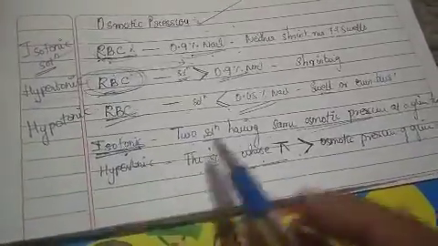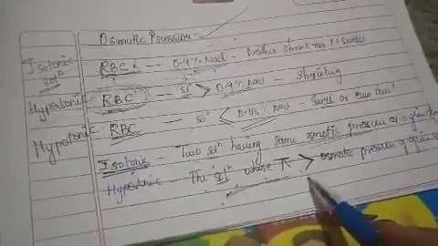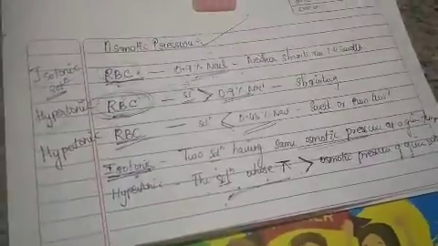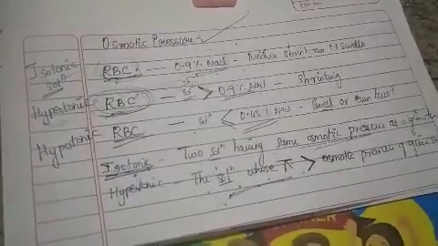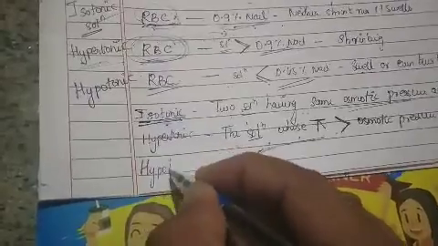So hypertonic solutions are those whose osmotic pressure is greater than the osmotic pressure of the given solution.